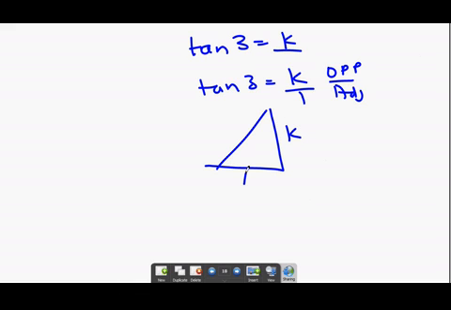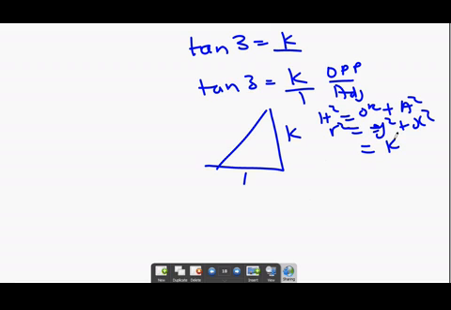If I use Pythagoras theorem, hypotenuse squared is equal to opposite squared plus adjacent squared, which is r squared is equal to y squared plus x squared, which is going to give us k squared plus 1 squared. Do you see that? The opposite there. There you go. We've got our adjacent there, and our opposite there.